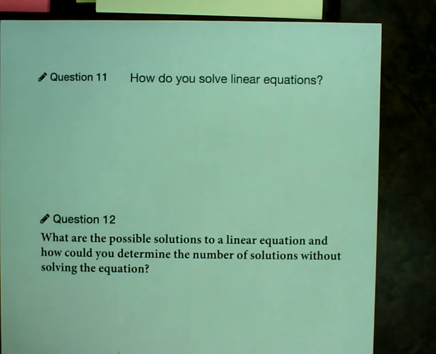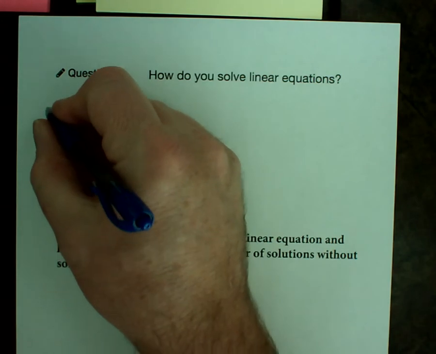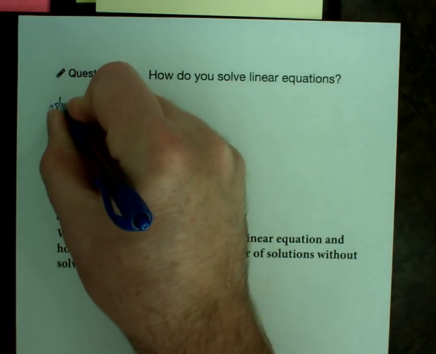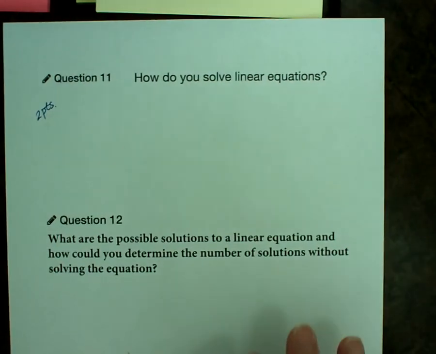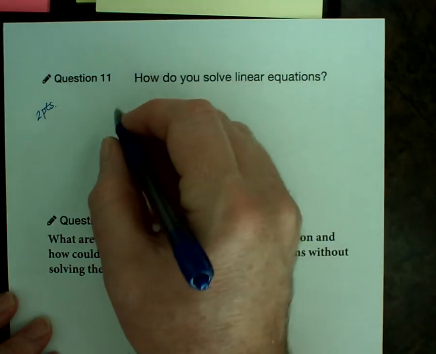And then it got to our essential question. A lot of people got essential question 1 correct. It was worth 2 points. It was pretty simple. We've talked about it a lot of times. How do you solve linear equations? We do 3 things.